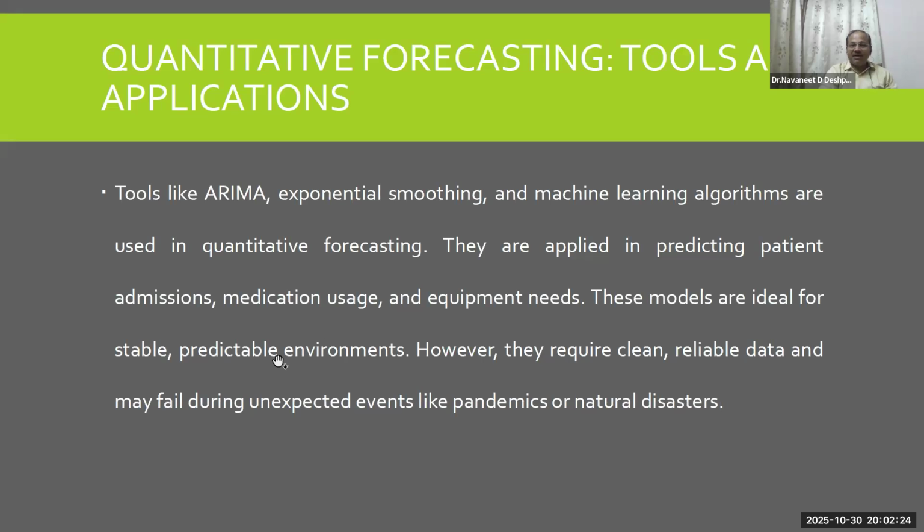Whenever there is a stable, predictable environment, one can use quantitative forecasting to know whether there are regular admissions into the hospital, whether there are regular medication usages happening, and whether the equipment needs have to be taken care of. Quantitative forecasting will help us overcome a lot of planning problems, and you don't have to convince and educate the people so much every time about what has to be done, otherwise the whole day goes in telling the patients what to do.